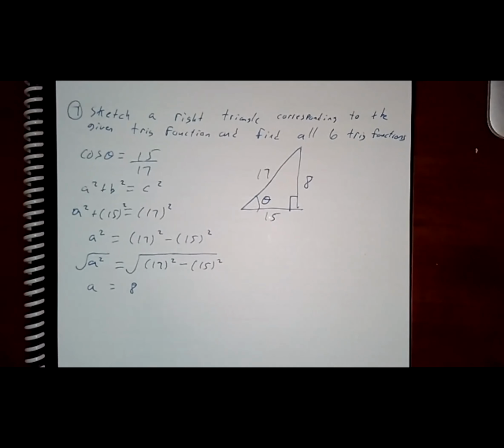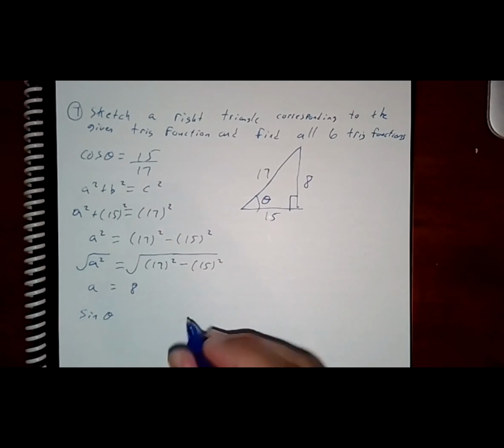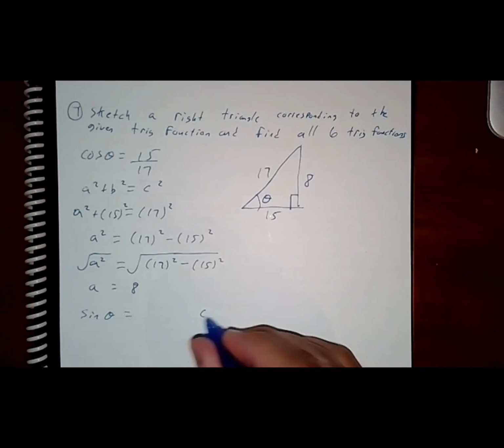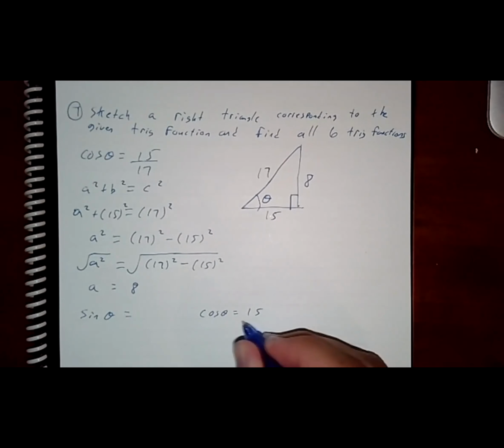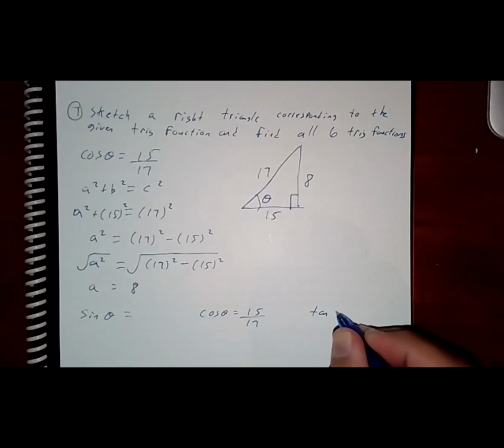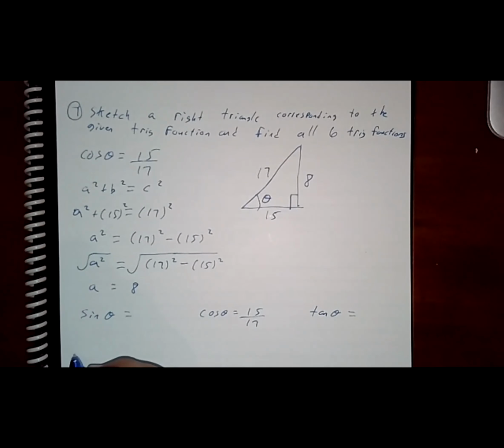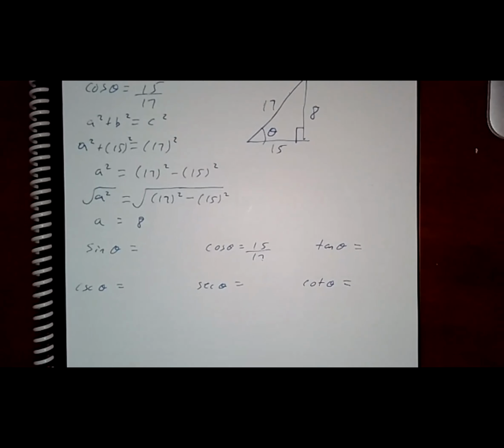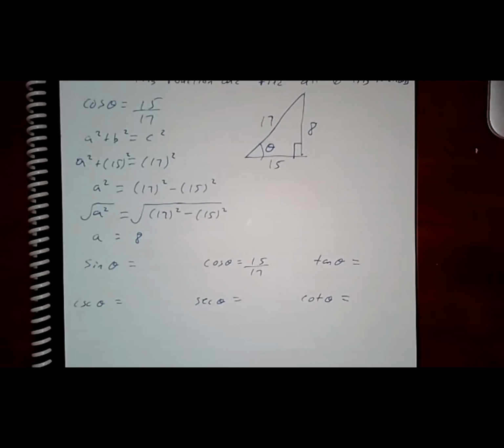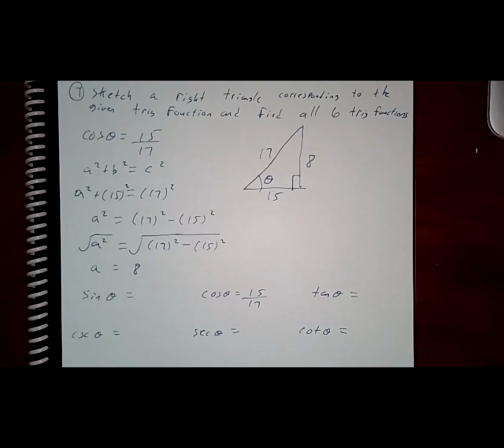All right, so now we have all sides. So what is sine? What is cosine? We got that one, so that's cool. What is tangent? So this one, just use the triangle now that we've solved for a, right?